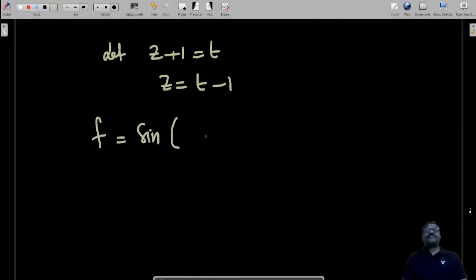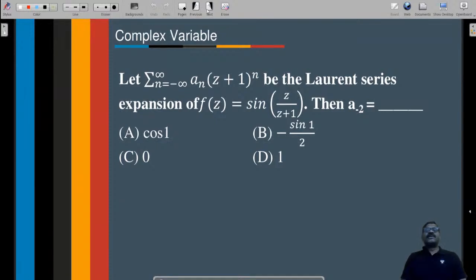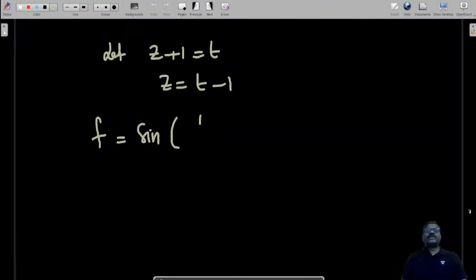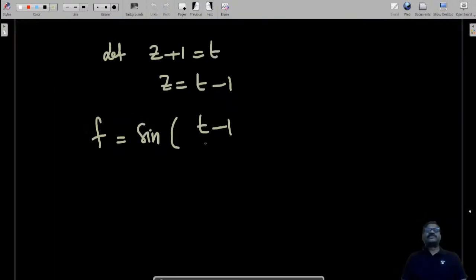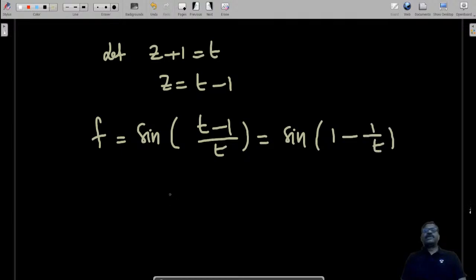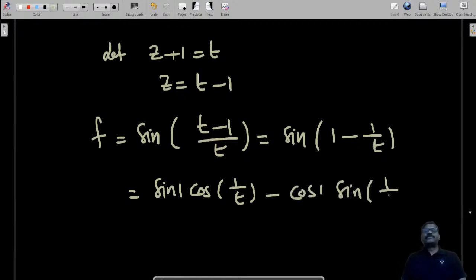The function f is sine of z, z means t minus 1, by z plus 1, z plus 1 is t. That is nothing but sine of 1 minus 1 by t, sine 1 cos 1 by t minus cos 1 sine 1 by t.